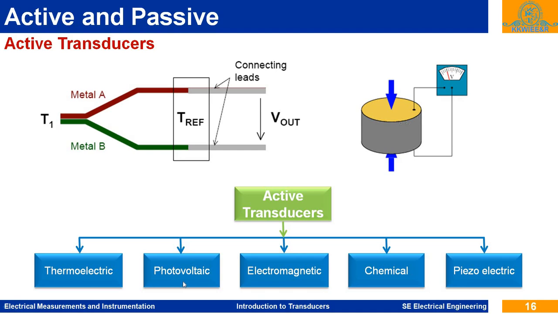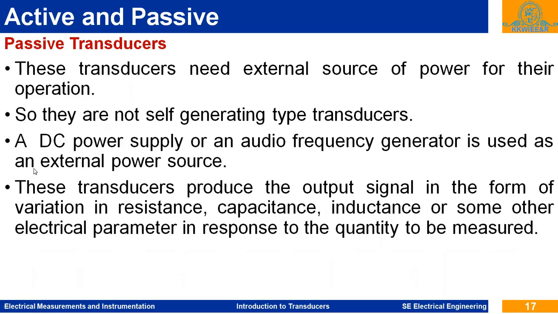Photovoltaic: nowadays solar panels are used to convert solar energy into electrical energy, and the photons from the solar rays are converted into electrical energy by using a PN junction. So these are the various principles used for the conversion of one physical quantity into the electrical signal. So they are called active transducers.